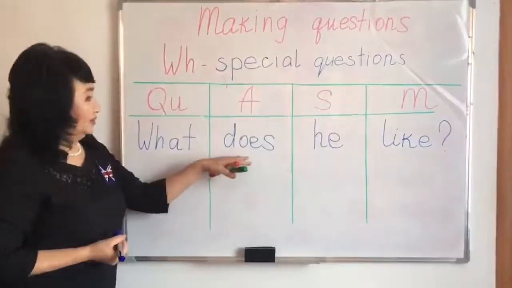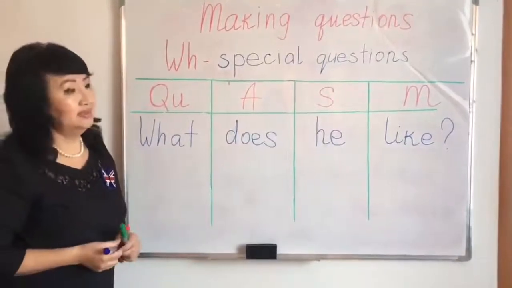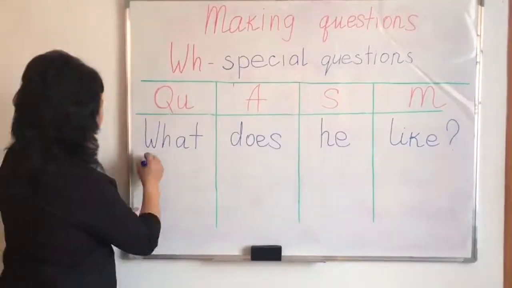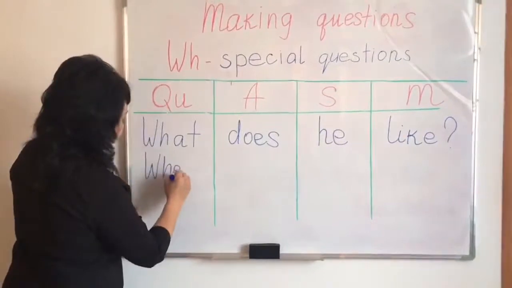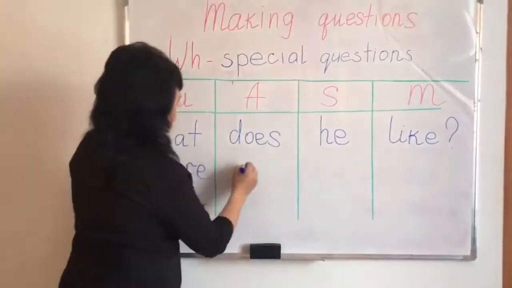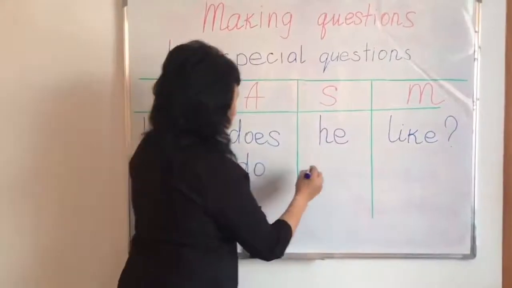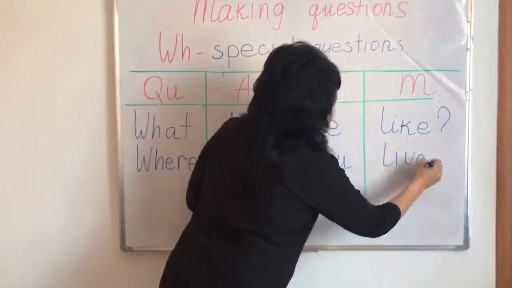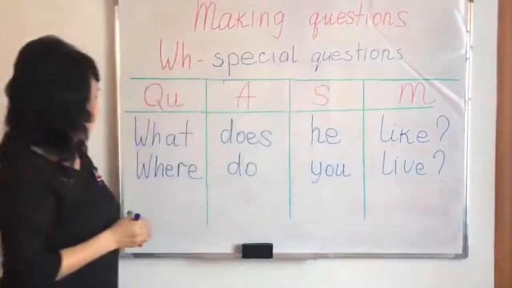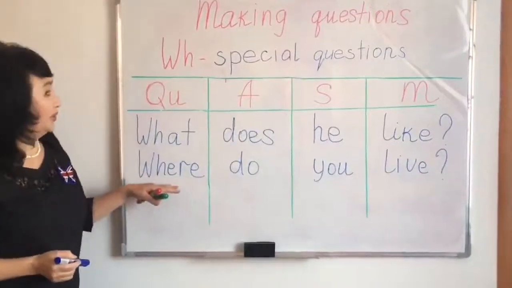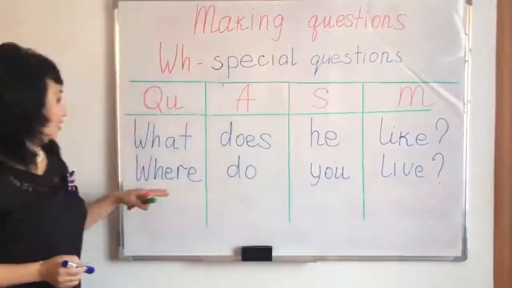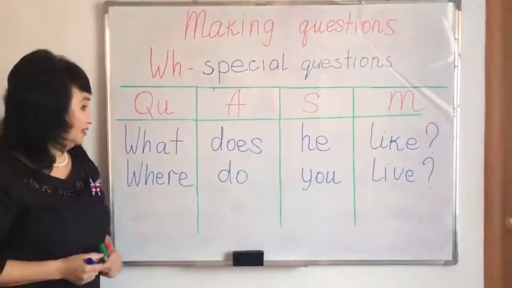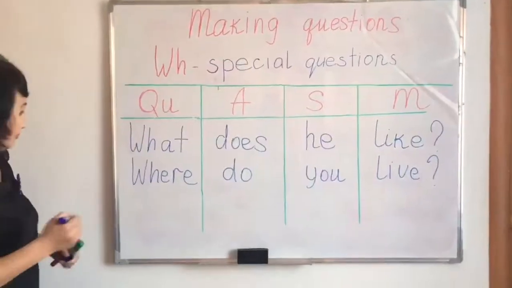You use does because it is the third person form of the present simple. The next one: where, do, subject you, live. As you see, the main verb is live, the auxiliary is do. It is present simple.